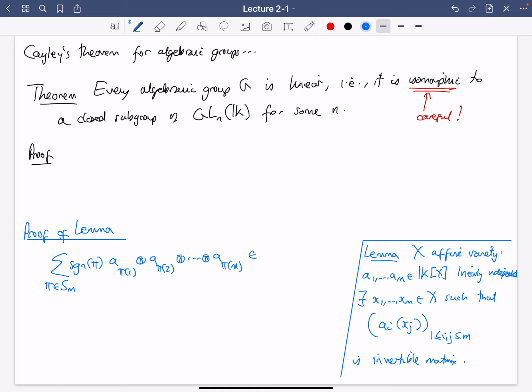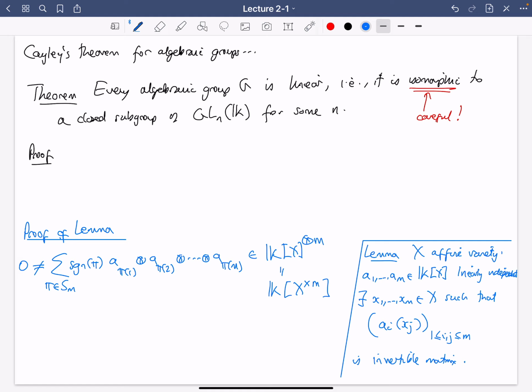That's in the tensor product of m copies of the coordinate algebra of X, which is the same thing as the coordinate algebra of the Cartesian product of m copies of X. And this is non-zero because we're just in this tensor product, and each of these ai were linearly independent in the first place.